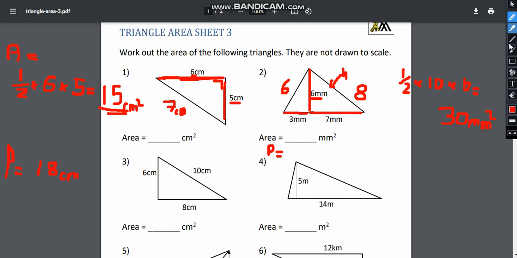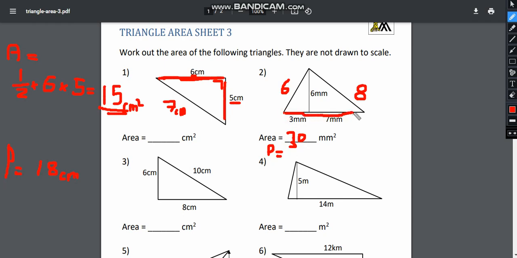Okay. Now, can you then find the perimeter for me? So that's the area, 30 millimeters squared. The perimeter is going to be the total length of the outside.